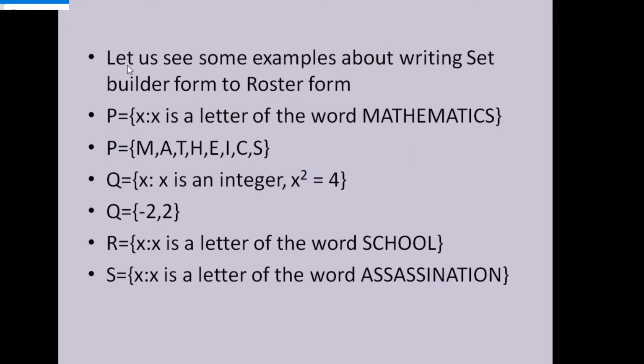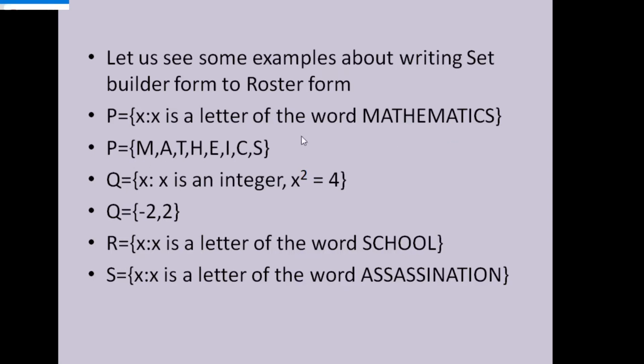And let us see some examples of writing set builder form in roster form. Set P is the set of all x such that x is a letter from the word mathematics. As you all know, and I think you remember the basic rule, while writing a set no element should be repeated.